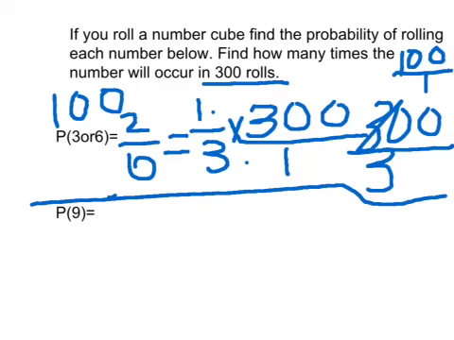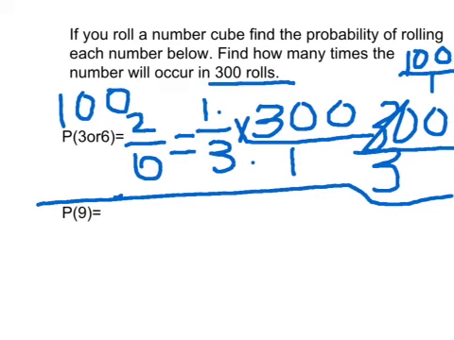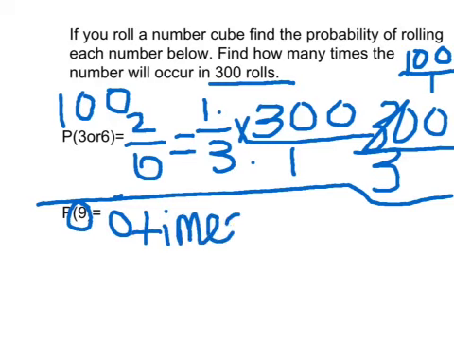As you can see, now we have a roll of 9, but there is no 9 on a number cube, so the answer would be 0 times, because that is a trick question. There is no 9 on a cube.